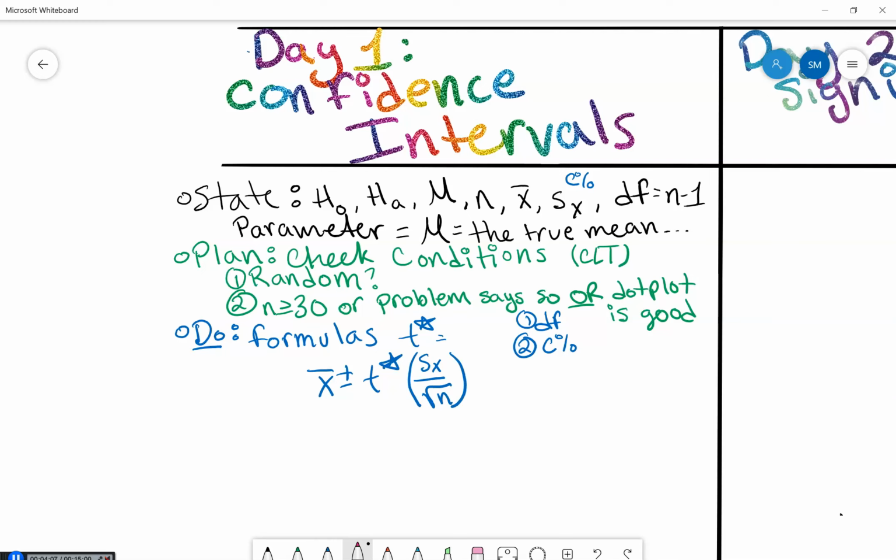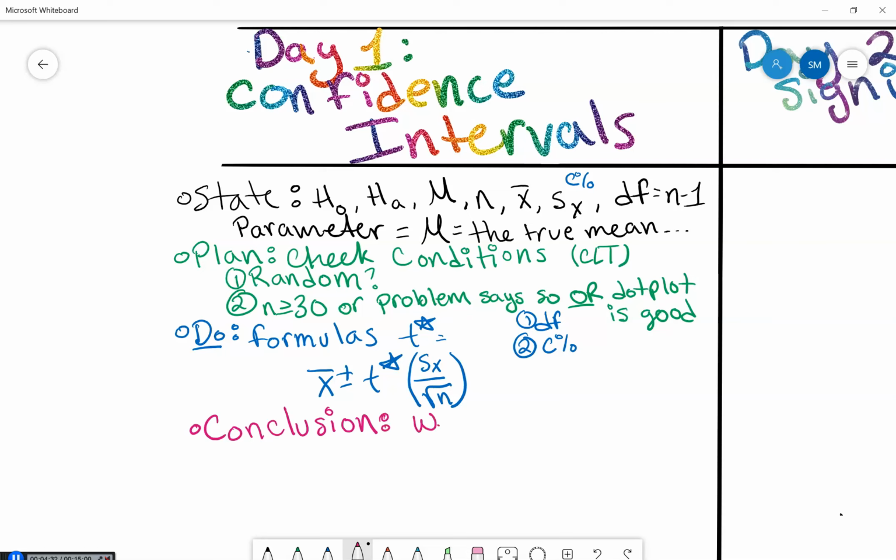And then our final step is to conclude. So in our conclusion, what we're going to be writing is how does the interval relate to the problem?